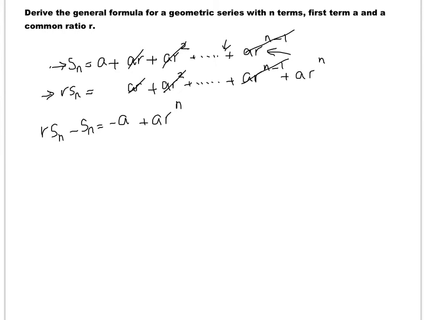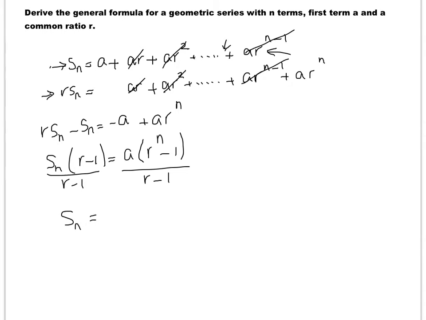Now if I factor S sub n out, I get r minus 1 times S sub n is equal to a, and if I factor a out, I get r exponent n minus 1. If I divide both sides by r minus 1, I get S sub n is a times r exponent n minus 1, divided by r minus 1.